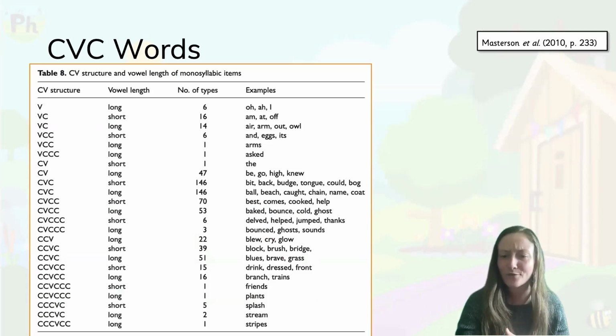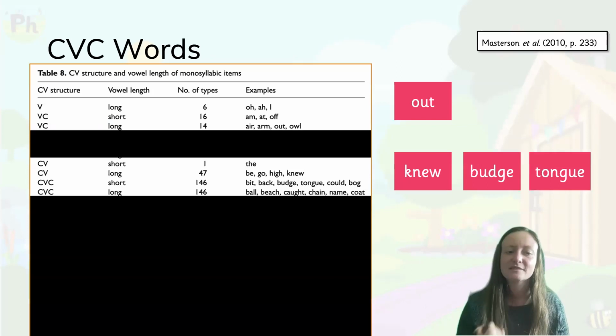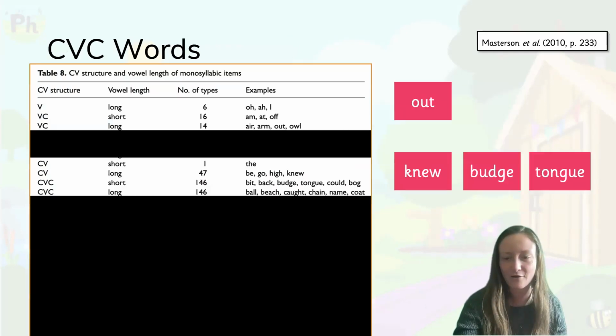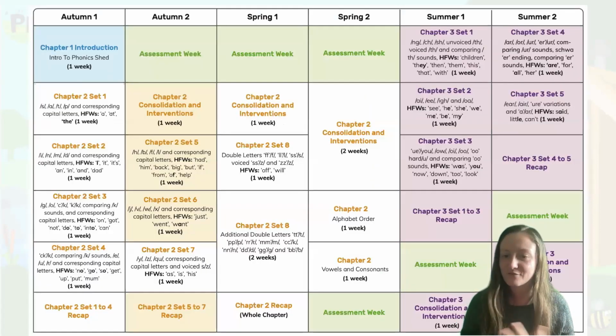And then if I look at what those words actually are, 376 sounds like a lot of words, but some of them they can't read because there's GPCs in there that they don't know either. So that won't help them progress. So it's actually quite a small amount of words that are just CVC words there. So if we start teaching the consonant blends from the beginning, the children have access to many more words.